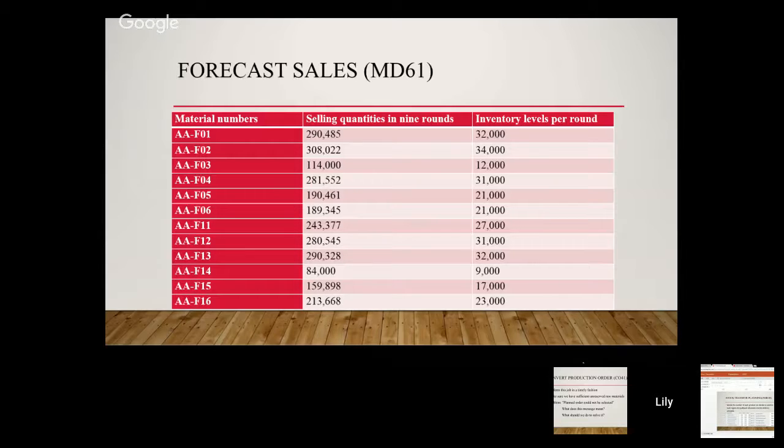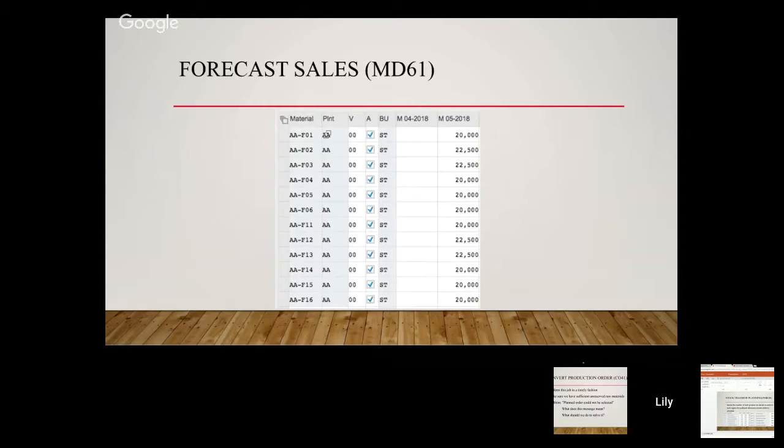The other limit was that our production capacity was only 24,000 units per day. Due to the limitations, we entered less than 24,000 units per product in MD61, like this table. Hence, if we could change the inventory levels to the numbers that we calculated after operating several rounds, I thought the result would be better.